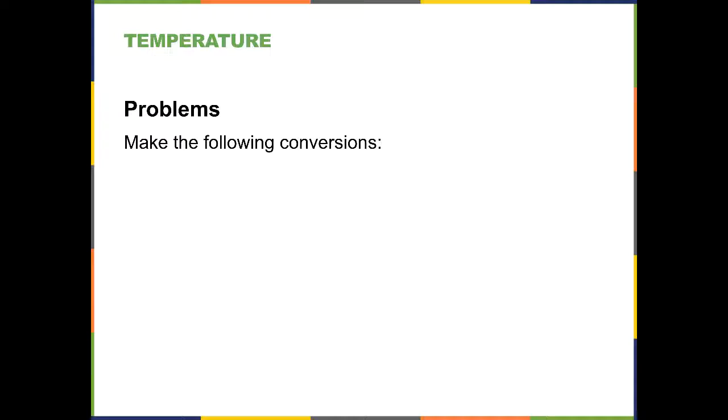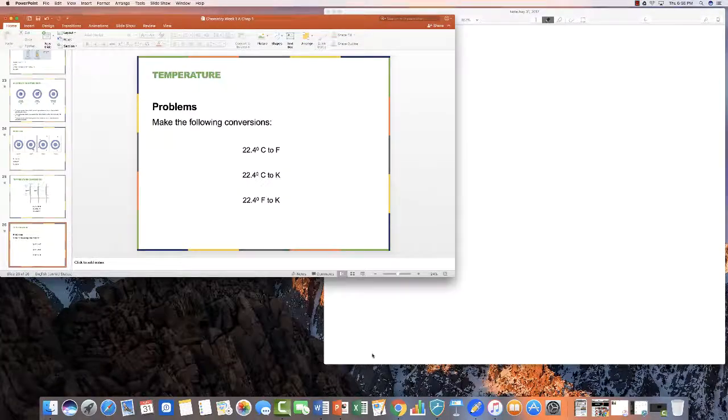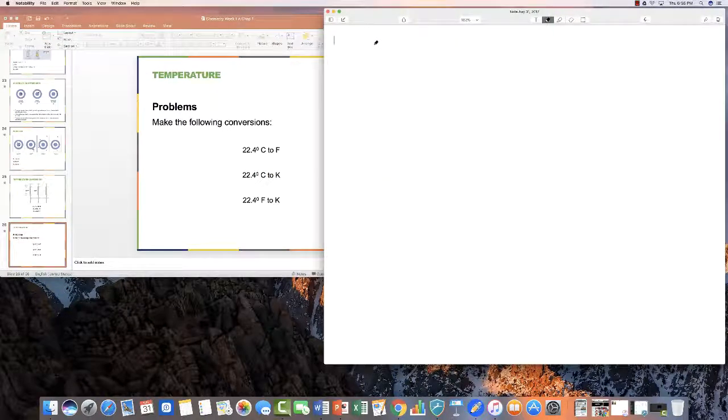So let's take a look at the first problem. You want to convert 22.4 degrees centigrade to Fahrenheit. So let's see how we would do that. So you have 22.4 degrees centigrade. You want to go to Fahrenheit. Okay? So to go centigrade to Fahrenheit, you're going from a 100 scale to a 180 scale.